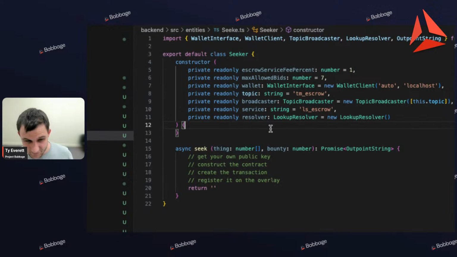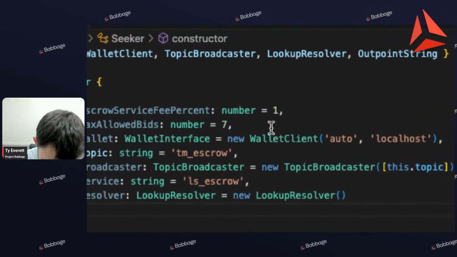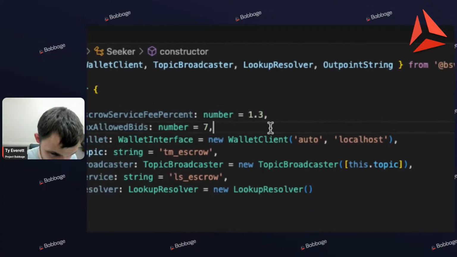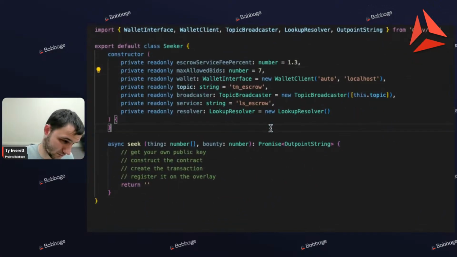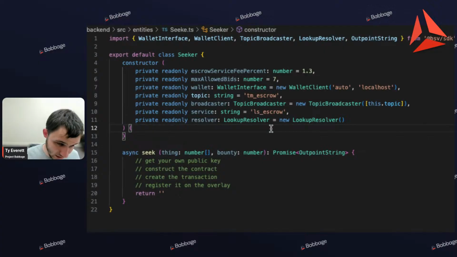So you got a max allowed bids on a contract of 7. We'll say you get 1.3%. So we know it's not a scale from 0 to 1, but rather a 1 to 100. And I guess the service might want more money in the case of a dispute. Feels a little bit better.